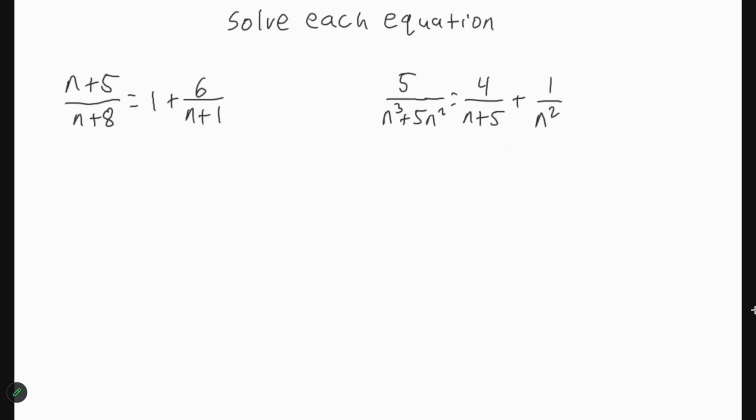Alright, so on this next one, we have no like denominators. So our common denominator is going to have to be n plus 8 times n plus 1.